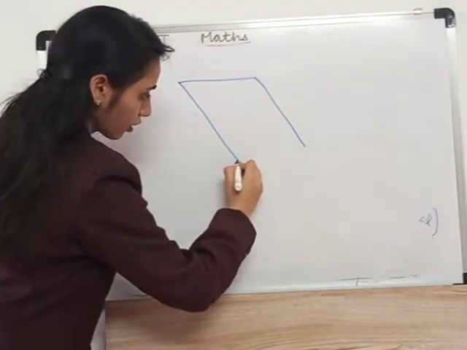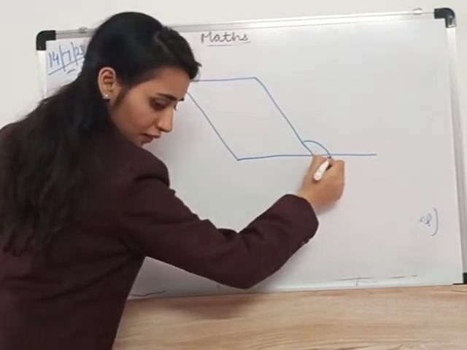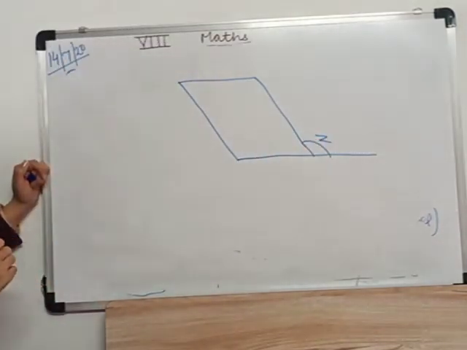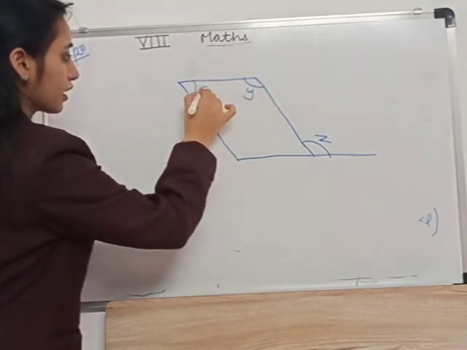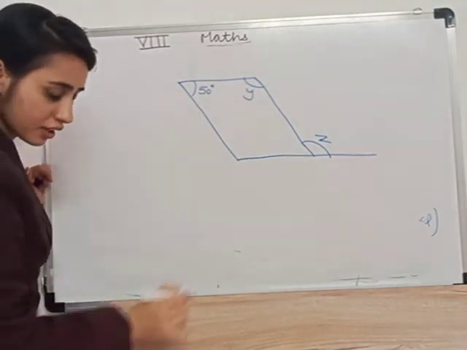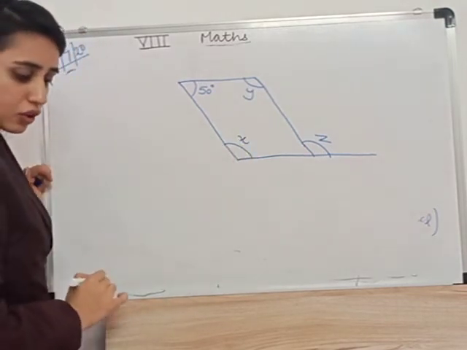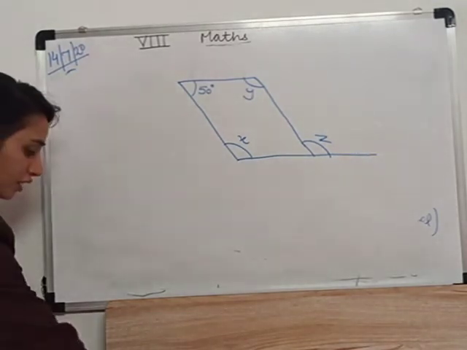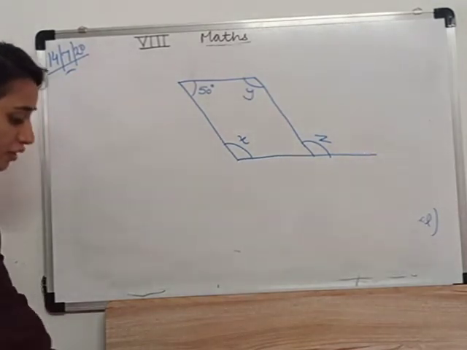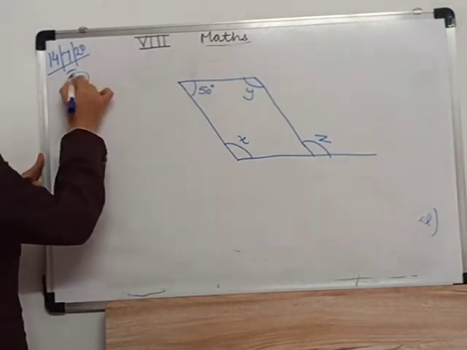This is a parallelogram, and in it this angle is z, and this angle is y. This angle is 50 degrees. This angle is x. Okay, now how can we find the values of these unknowns, the values of x, y and z?